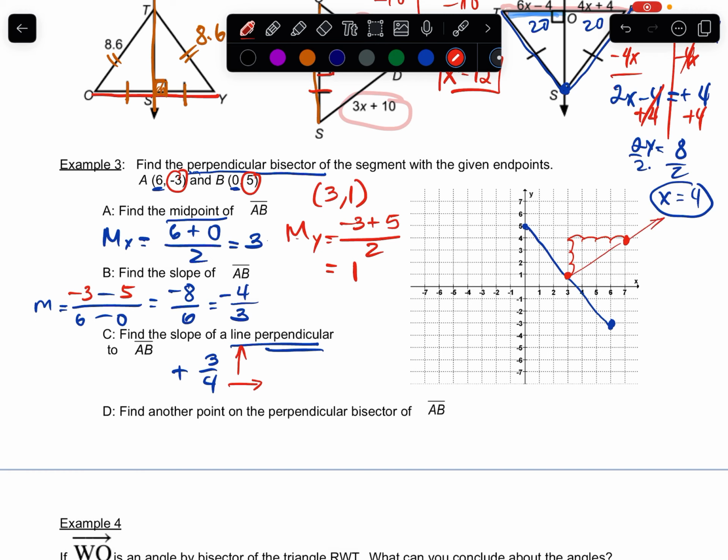So this is my new line right here. Okay, so now, what is my new point? Actually, I can just read it off my graph. So x is 7 and y is 4. So I will write 7, 4.